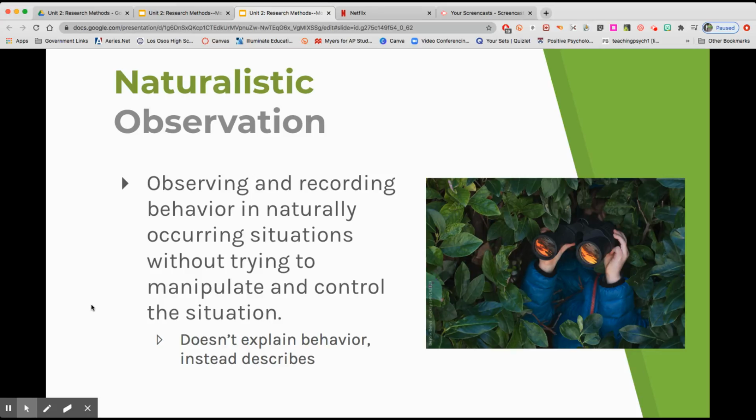Why do you think it's important that people don't know they're being watched? Just think about that. Hopefully you thought of, or you probably have experienced yourself, if you know you're being watched, you change your behavior, right? If you've ever been in a classroom where an administrator walks in, everybody changes their behavior.